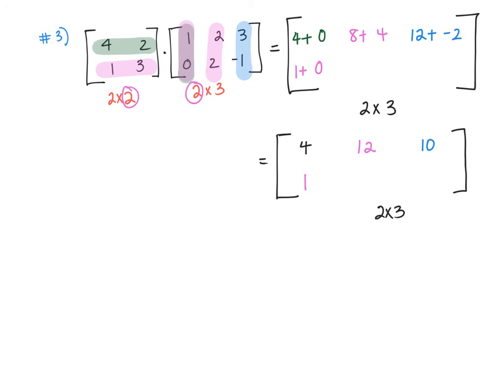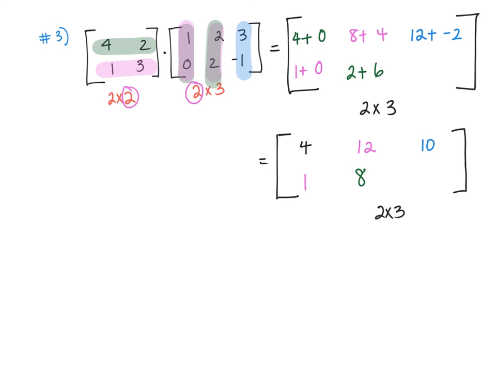So now I'm going to multiply this row with this column. Let me use a different highlighter here. So in that case, 1 times 2 is 2, plus 3 times 2 gives me 6. So if I add these two numbers together, I get 8 right here.